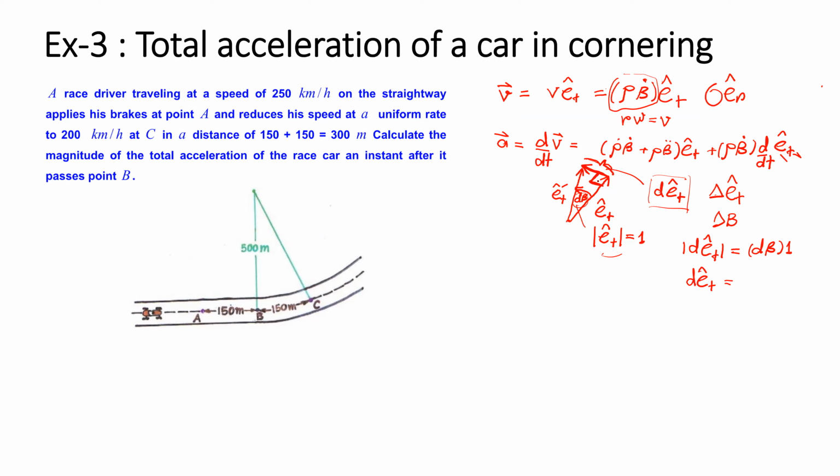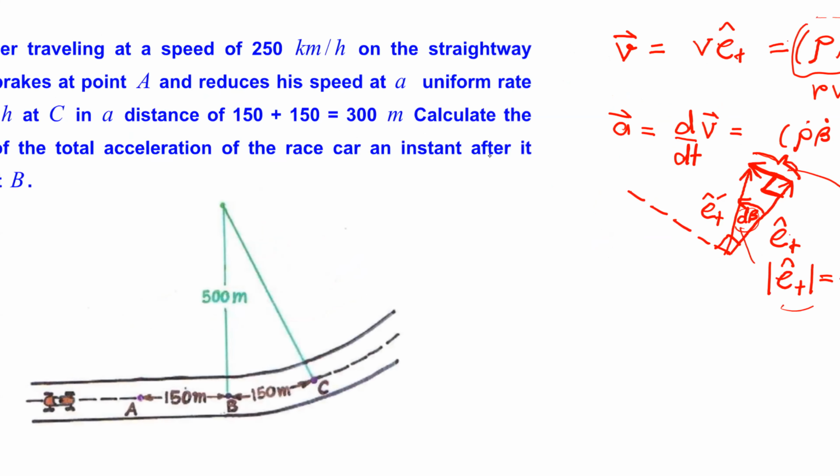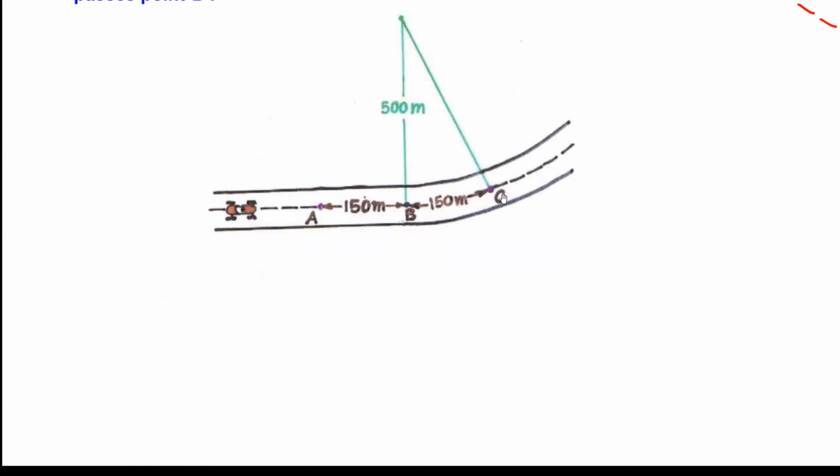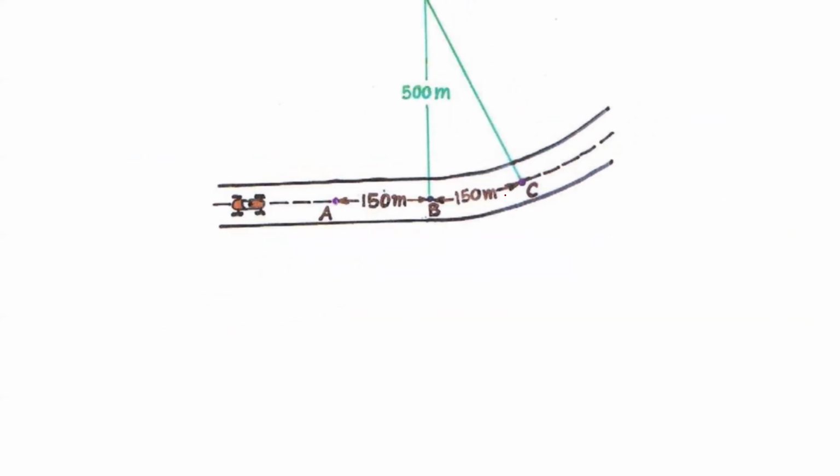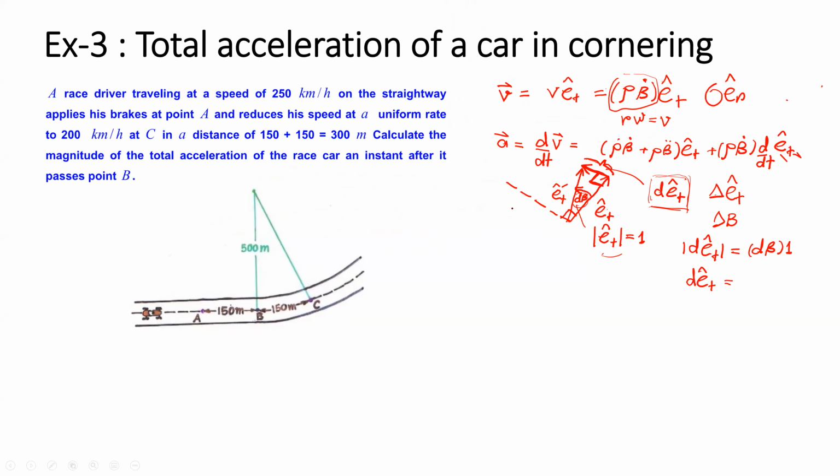When this is 90 degrees, the direction of the difference can be assumed to be the direction perpendicular to the unit vector et, which is the direction of the unit vector en.